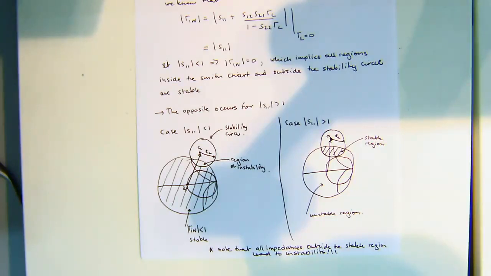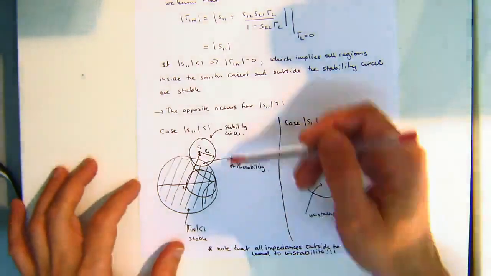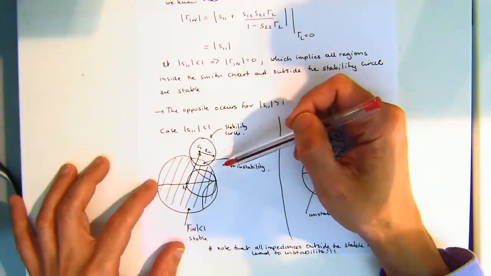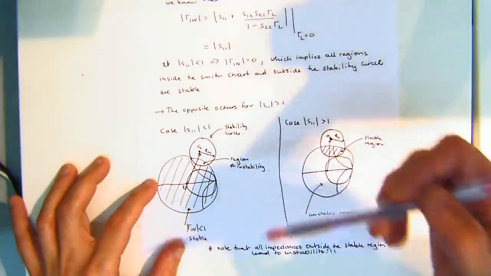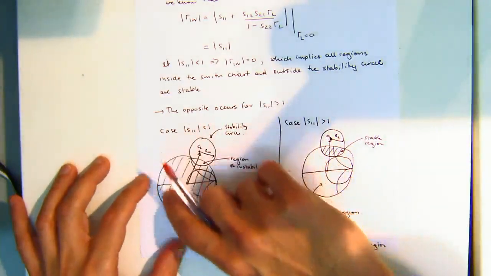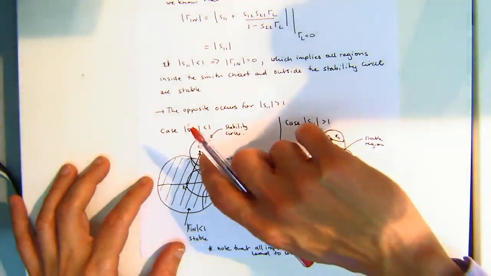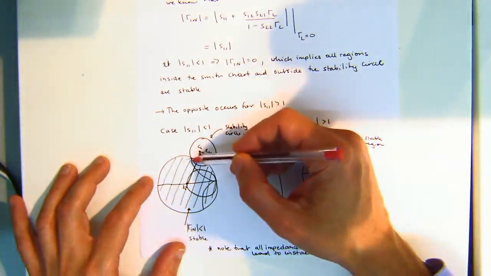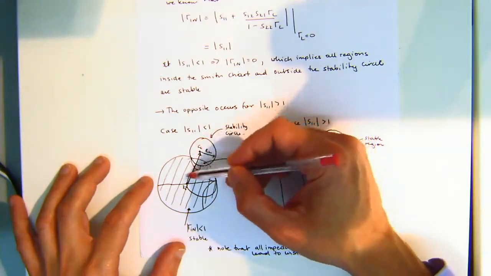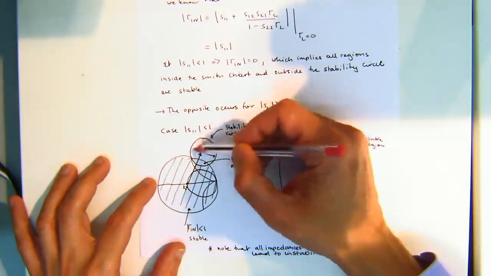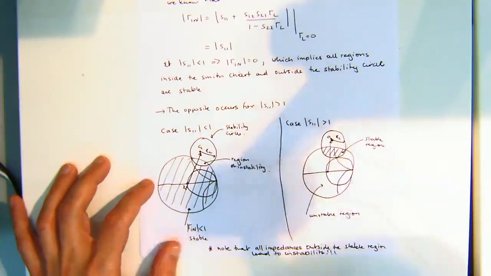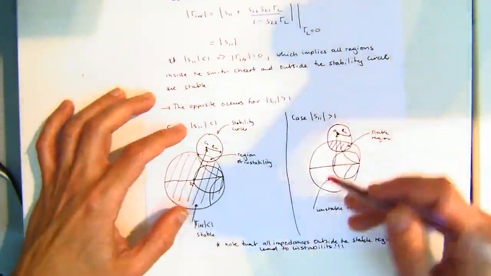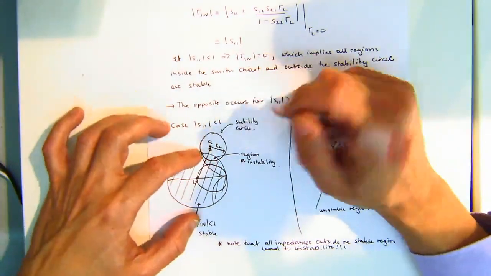For that case, what do I do? The region of stability is all of the Smith chart except where it intersects with the stability circle. Does that make sense? I'm not saying it succinctly. Okay, S11 less than 1: draw the stability circle.